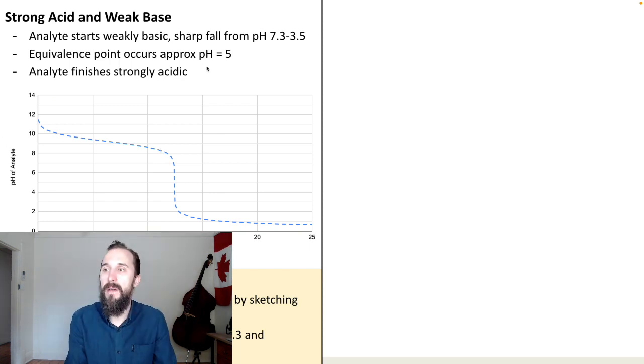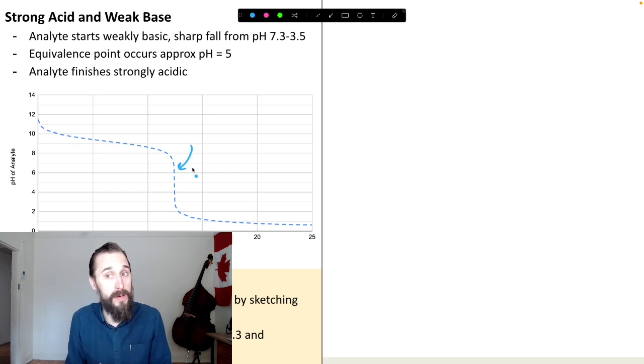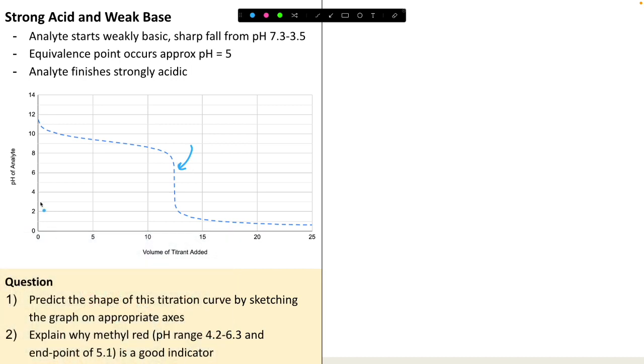We're starting there, and then as you add it we still get a small decrease until we start to reach the equivalence point, and that's where the sharp drop is, with our equivalence point of 5. So the middle of that is where we would expect the equivalence point. And then it tails off and our analyte finishes strongly acidic.